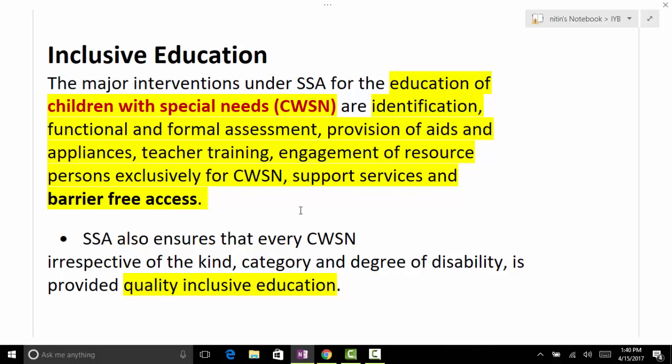This is how, nowadays, more and more consensus is building over having an integrated classroom approach. Certain exclusive resources could be dedicated to them, separate devices and other things could be there, but the environment should be equal and inclusive.